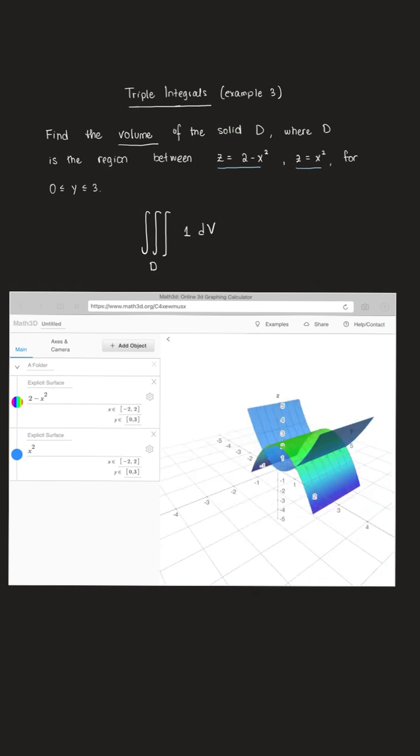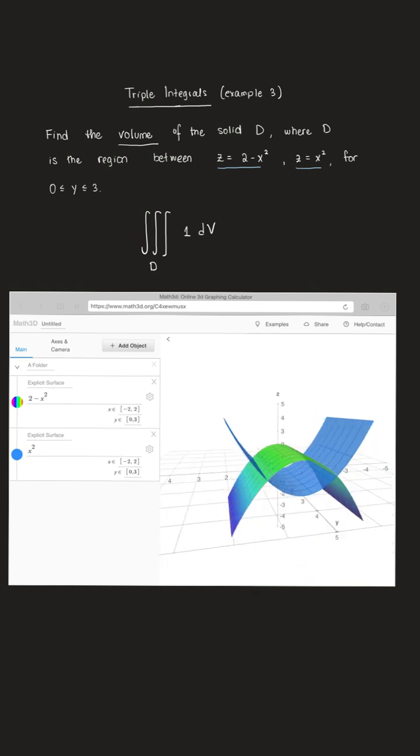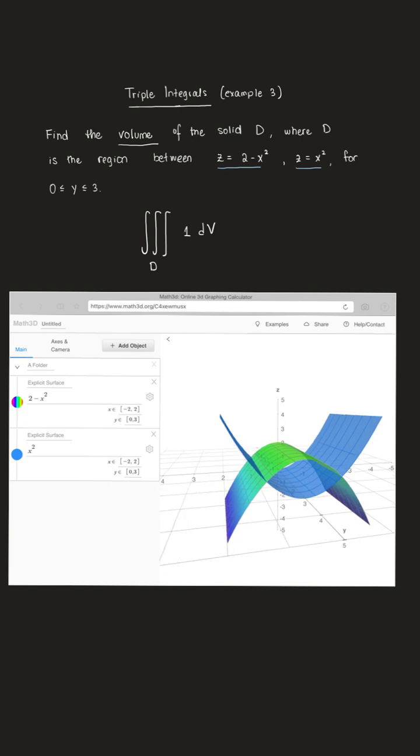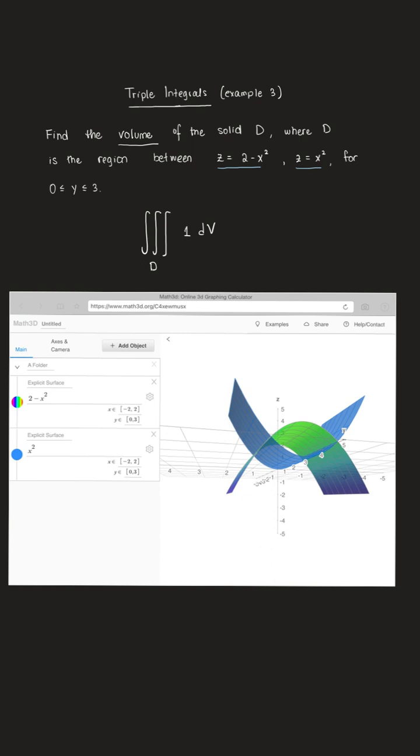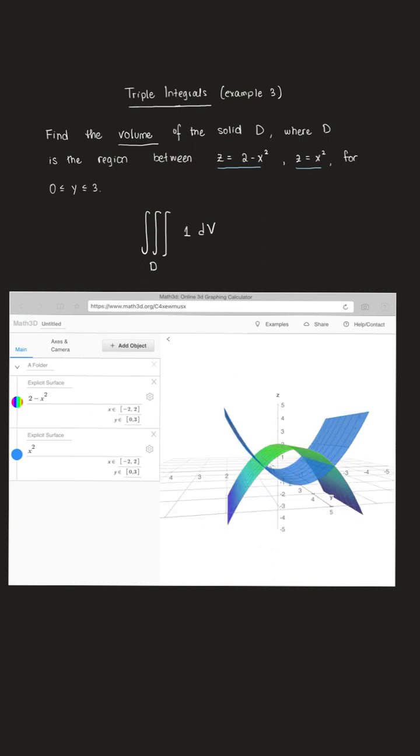But I'm going to start first with z simple. And to think about z simple, we've got to pick the two functions that we're going to be in between, and that will give us our limits of integration for z. So you might have guessed that 2 minus x squared is above x squared, at least in the part where they intersect. That's the greenish curve.